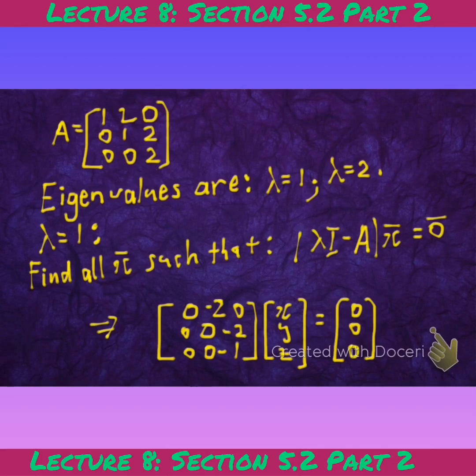Right, so considering lambda equals 1, we need to find all vectors x bar such that this is satisfied. Okay. And obviously x bar has to be non-zero. We want to find all non-zero vectors x. So this translates into this linear system that we need to solve.